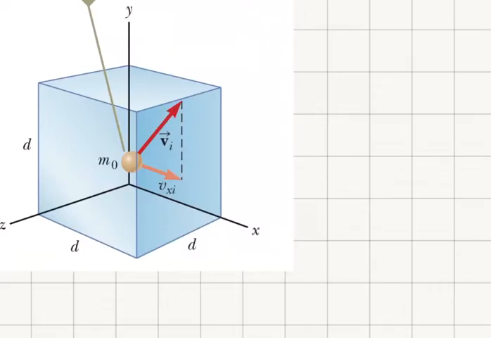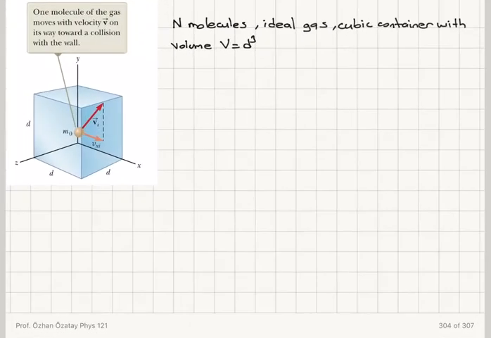And why do we have i? Basically, we're looking at the ith molecule. So we're concentrating on the ith molecule in this gas. Now, when this molecule comes and hits the right wall, its momentum is going to change. And how does it change?